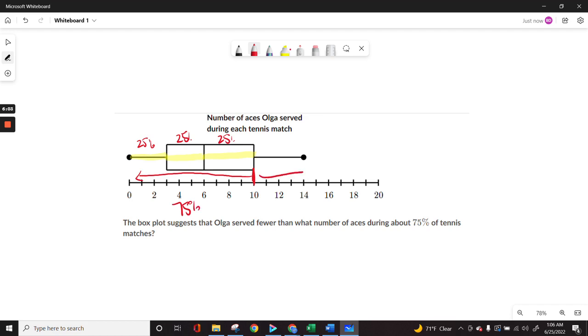And then from 10 up would represent the remaining 25. So let's read the question again. The box plot suggests that Olga served fewer than what number of aces during about 75%. So that would be 10, because most of the time she served fewer than 10, right? 75% of the time she served fewer than 10 aces. So the answer would be 10.